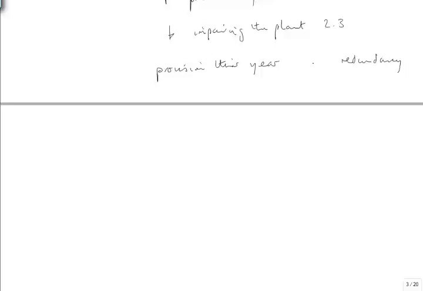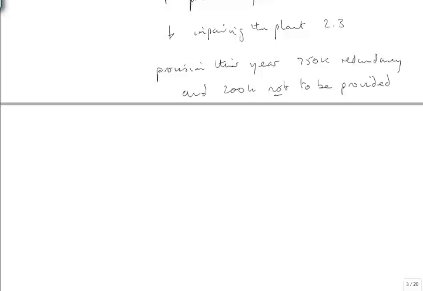Read the question: 750,000 redundancy, and the 200,000 retraining is relating to an ongoing activity, so is not to be provided. This is a cost which should be borne and recognised as it is incurred.